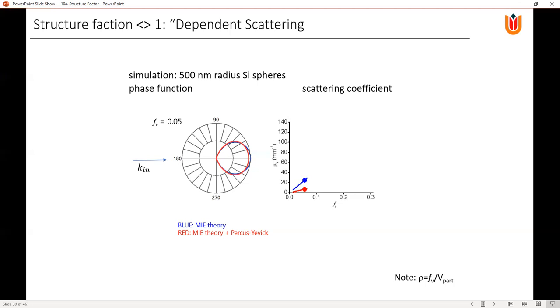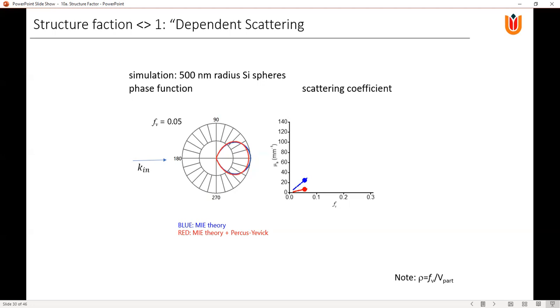If we look at the angular redistribution of light, that is on a polar plot, so that requires a little bit of interpretation. The light is coming in along this direction, k-in, so it hits the particle here, and then this orb tells us how much light is scattered into given angles.